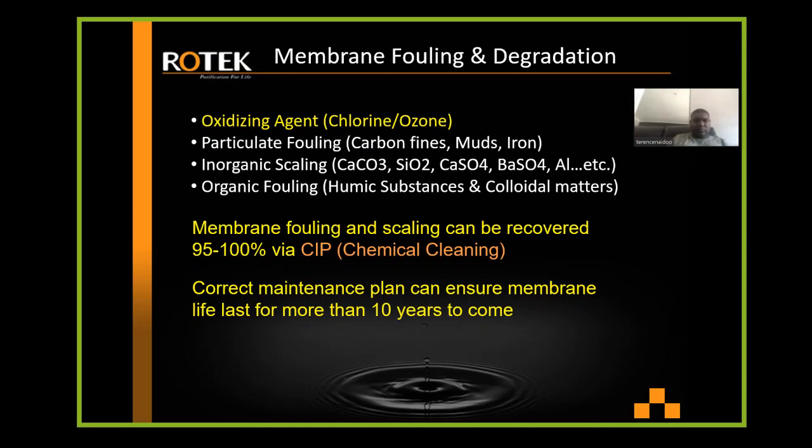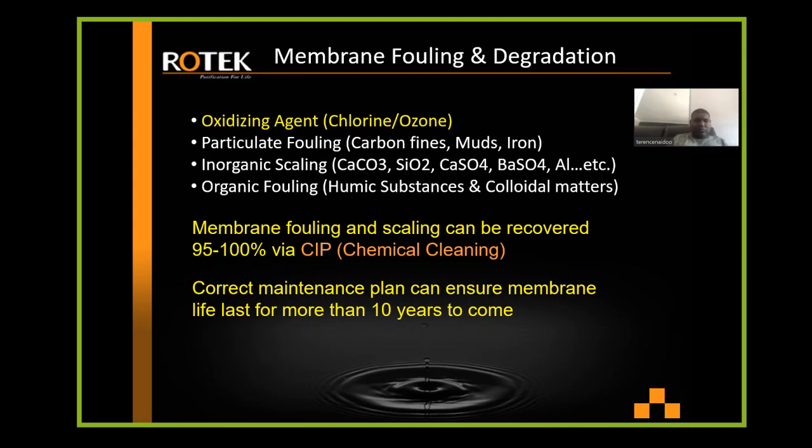If there is free chlorine or ozone in the system feed water, it will permanently damage the membrane. It basically makes the hole size on the membrane bigger, so the permeability increases dramatically, and if that happens, the membrane has to be replaced. There's no other way we can recover that membrane.